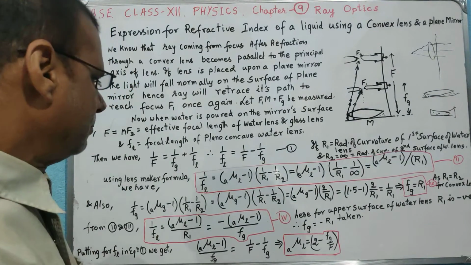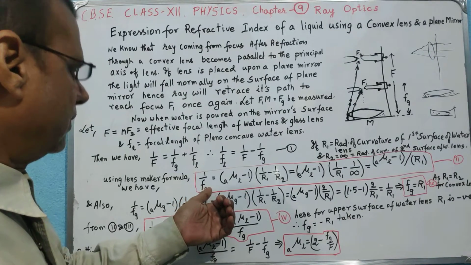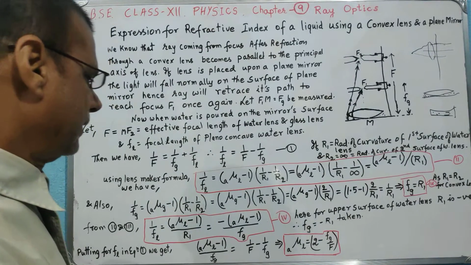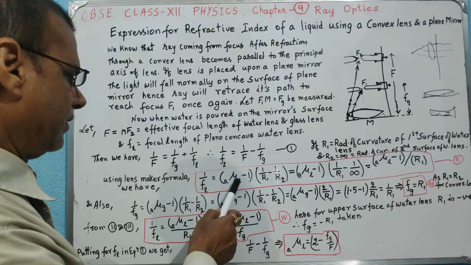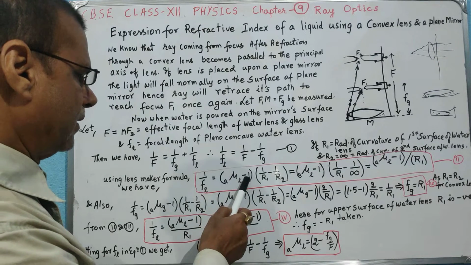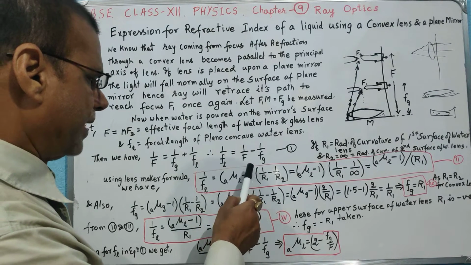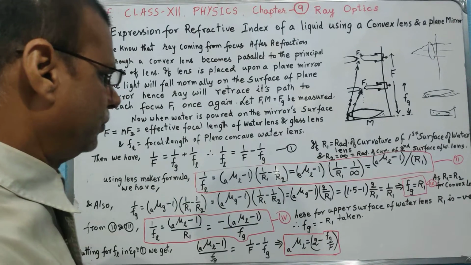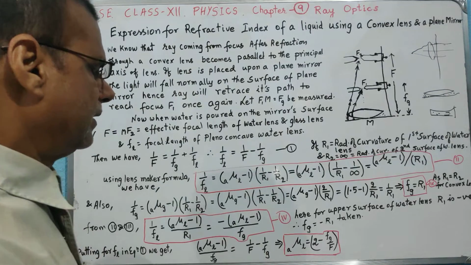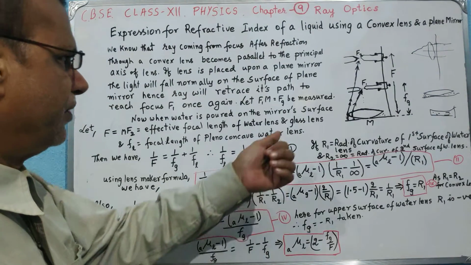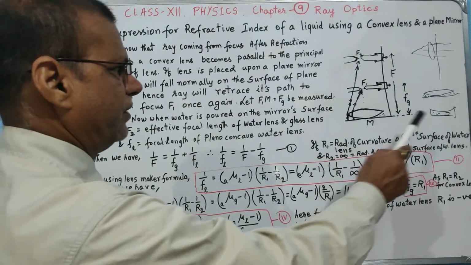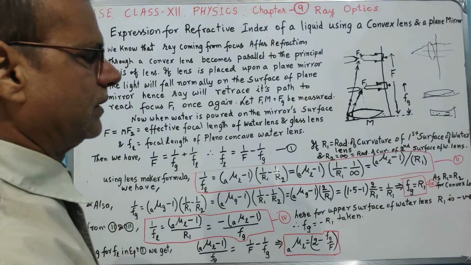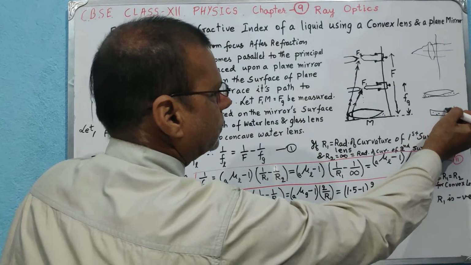Now using the lens maker formula, we have the focal length of the water lens given by 1/fl = (refractive index of water with respect to air minus 1) times (1/R1 minus 1/R2), where R1 is the radius of curvature of the first surface of the plano-convex lens.